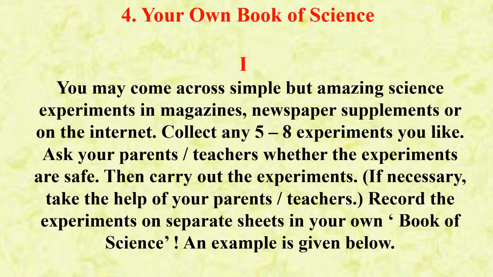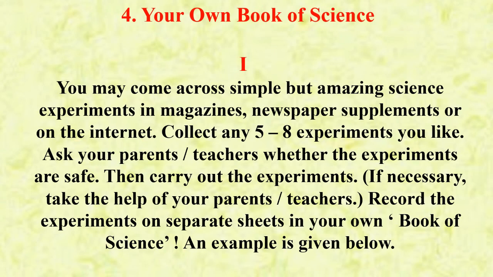An example is given below. So students, you must have come across, which means finding something new by chance. So you must have read or come across or seen simple experiments or activities in magazines, newspapers, or on the internet.